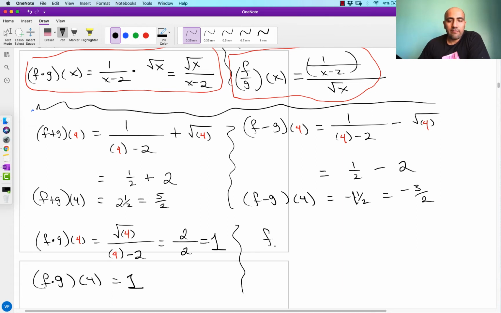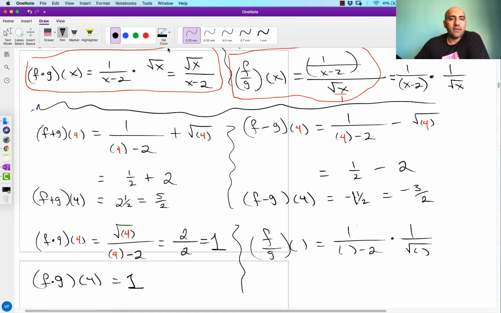And finally, f divided by g at blank equals 2. Now, I should just simplify this a little bit. Just like we saw earlier, this is going to be the numerator times the reciprocal of the denominator. You can always put a little 1 underneath the root x. And so I end up with 1 over x minus 2 times 1 over root x. So this is going to be equal to 1 over blank minus 2 times 1 over root of blank.